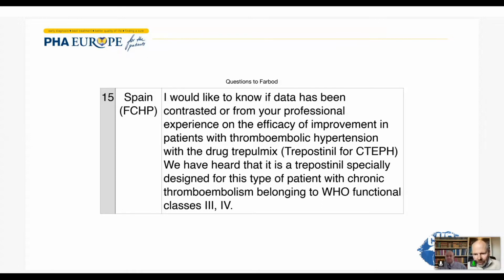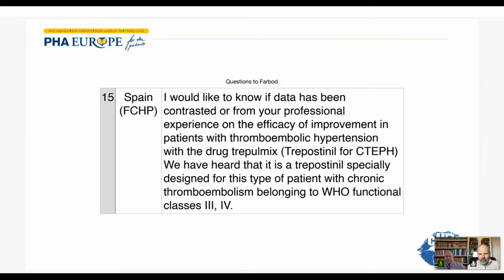Yeah, we've certainly used advanced therapies, IV therapies, for patients with inoperable CTEPH who have class 3, class 4 symptoms. And so I think it's a very reasonable therapy. Like I mentioned, all pulmonary vasodilators have the potential to be beneficial just because they decrease pulmonary vascular resistance.